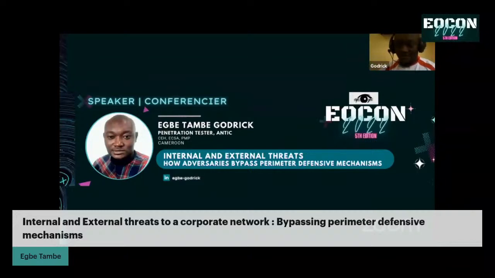So aside from what you've presented, I would like to dwell much on the offensive side of InfoSec. Today we're going to look briefly at the techniques that a penetration tester or a hacker can use to bypass perimeter defensive mechanisms like firewall, IDS, IPS.